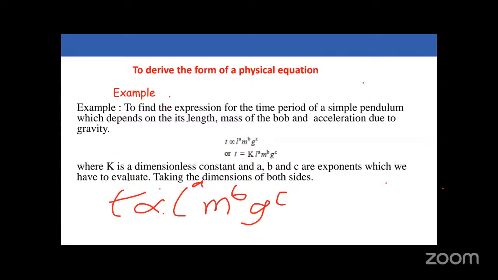So we should have that at the back of our mind. Now with this, if we take off the proportionality sign, we'll have T equals K.